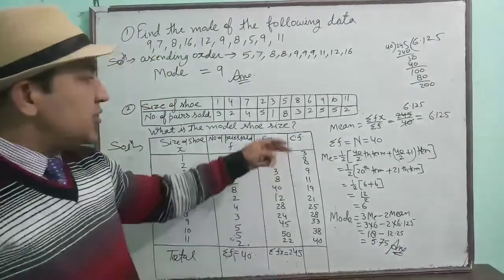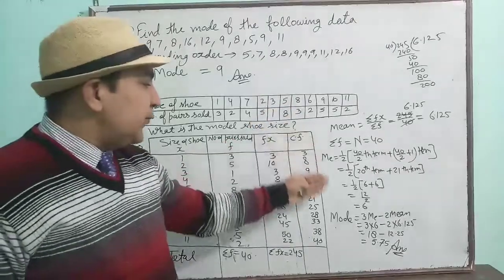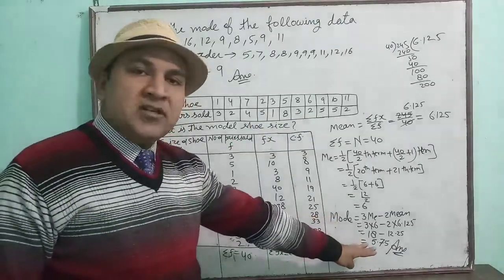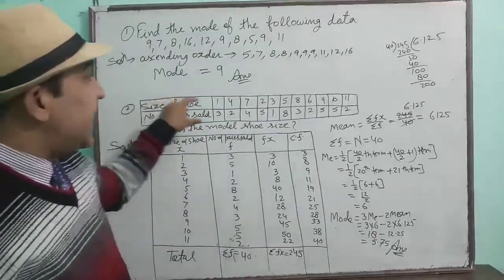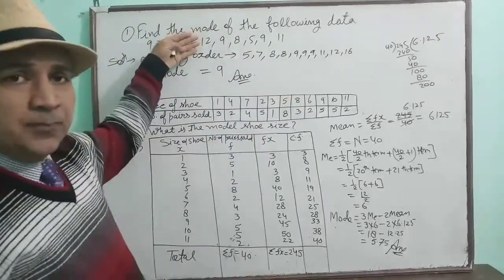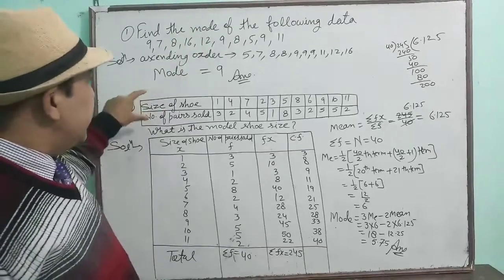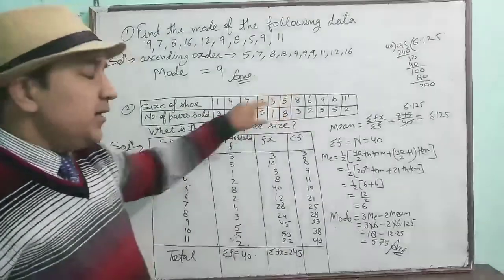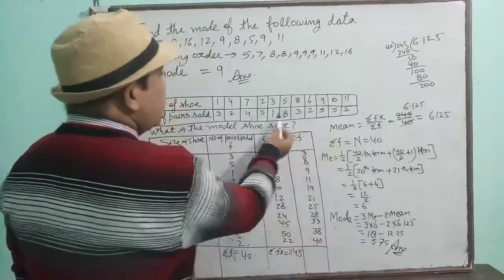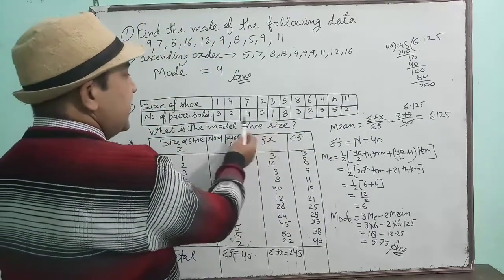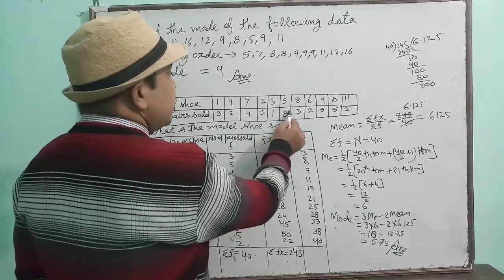So children, by using the empirical formula, you will get mode 5.75. But if you want to find the mode directly, then you will see which observation has the maximum frequency. Here, the maximum frequency is 8.